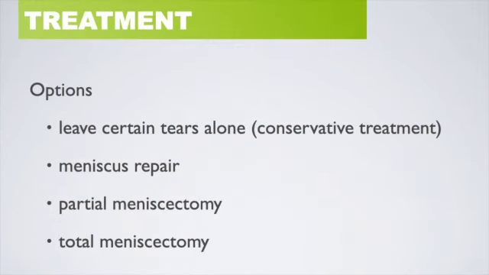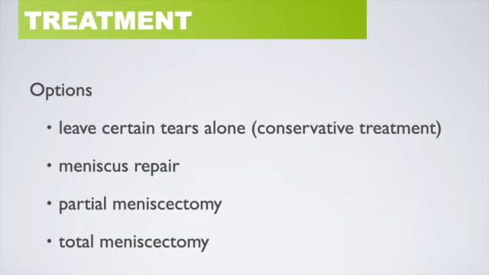Standard orthopedic treatment can be all the way from leaving the tears alone, the conservative treatment, if they're judged to be not too bad, to going in and repairing the meniscus to a certain degree.